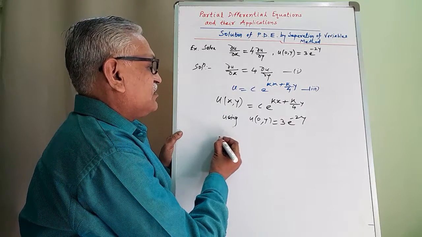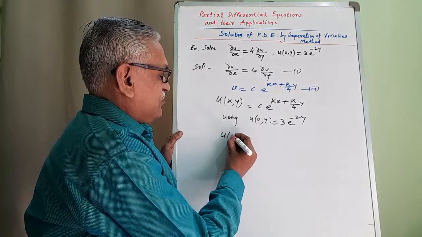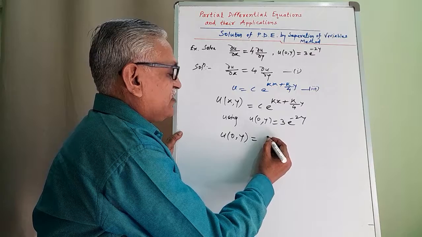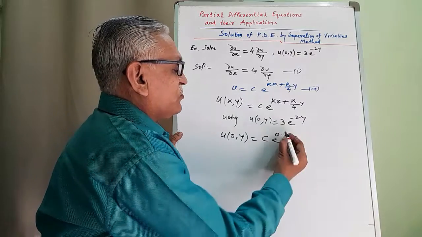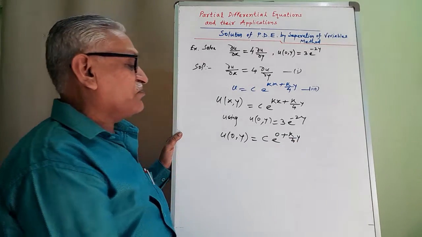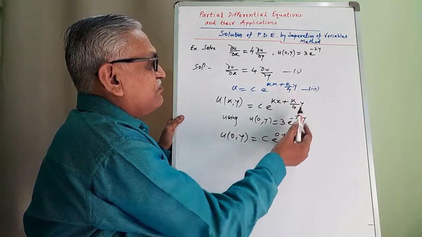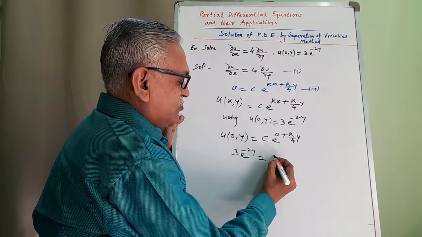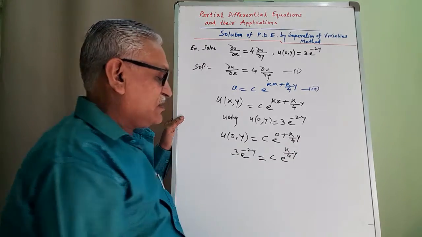Therefore, u(0, y) = substituting x = 0 here, we get C e^(0 + (k/4)y), since when x is 0 that term becomes 0. And the value of that is 3e^(-2y) = C e^((k/4)y).